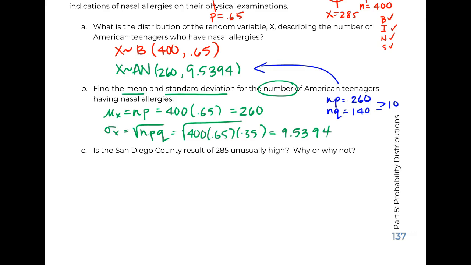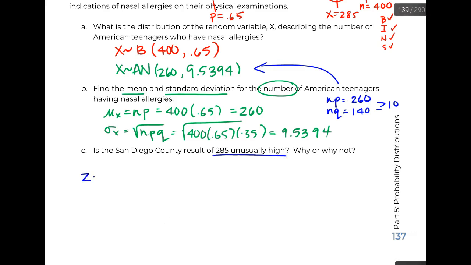Now the last question here, and this is why I said this is not something I would ask on a test. If this was a test question, in fact, there would only be one part. It wouldn't have multiple pieces. It would just say, use the normal approximation to the binomial to find the probability of having 285 or more people. In this case, it just says, is 285 unusually high? So 2 ways you could do that.